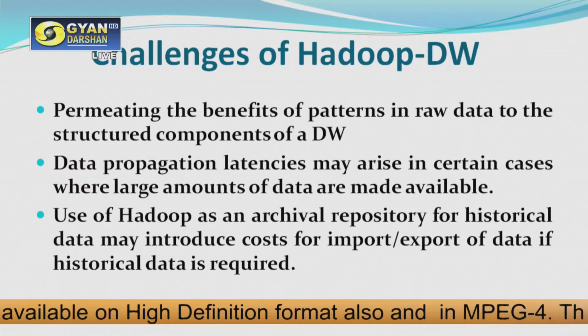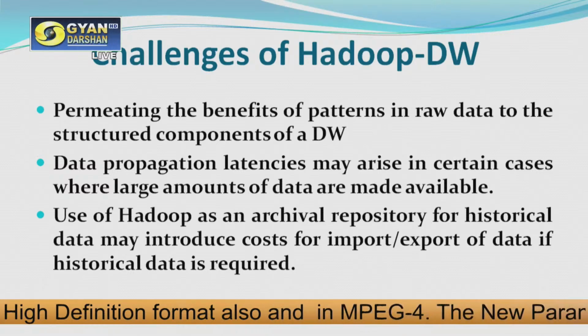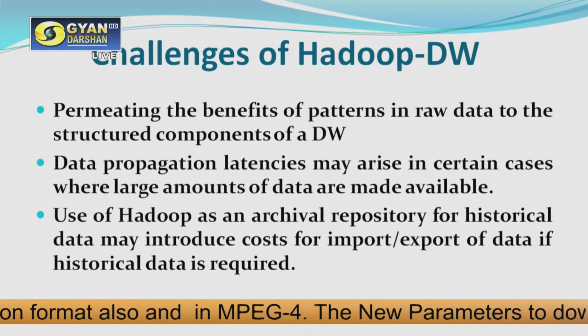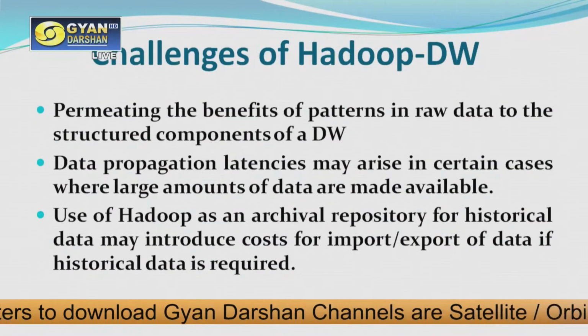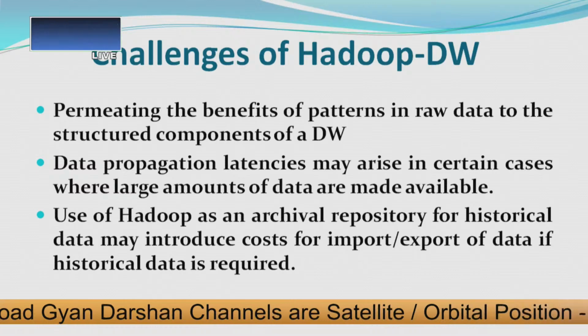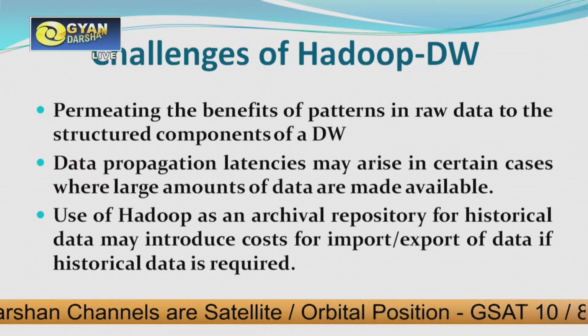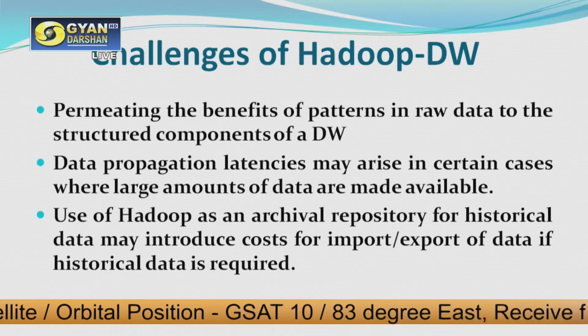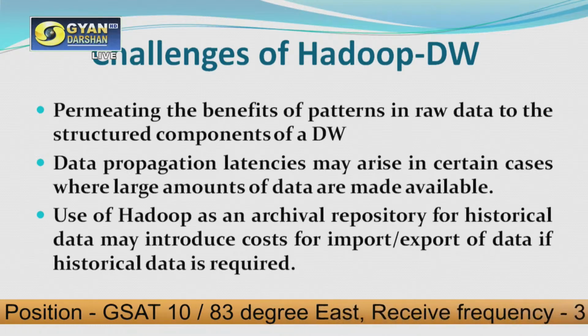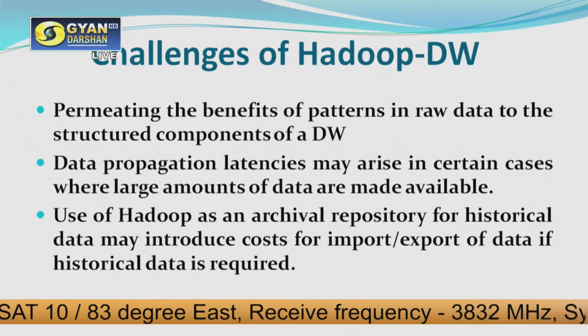That latency propagation needs to be addressed using some sort of technologies. The third one is the use of Hadoop as an archival repository. When we talk about HDFS, which is the storage part of the whole Hadoop architecture, its use will be catering to near real-time analytics. It will be supporting real-time analytics. However, when it comes to storing the whole archive of some 6 months or 1 year of data, it would be a tough task.